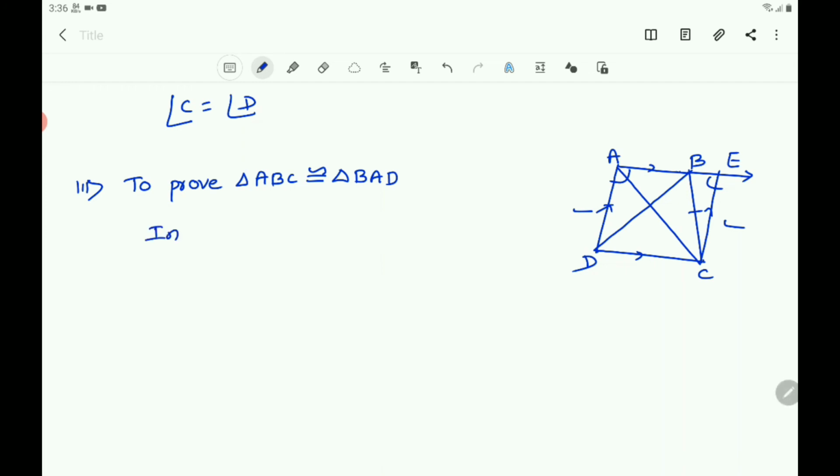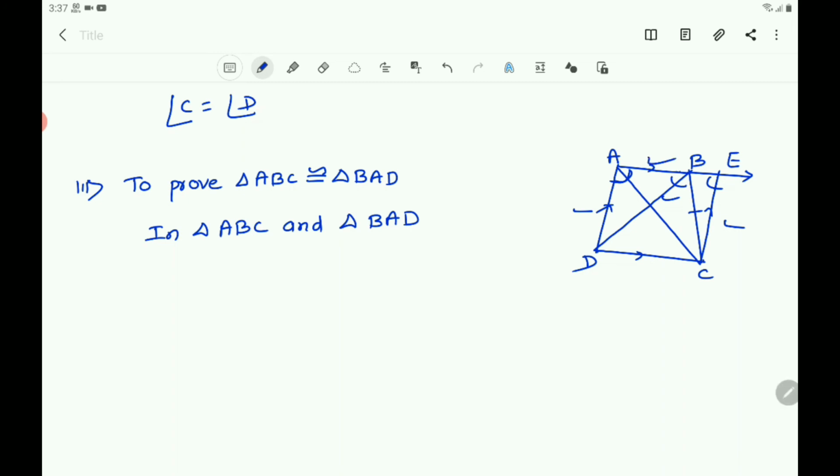In triangle ABC and triangle BAD, you know that angle A equals angle B, that is proved, and AD equals BC, given, and AB equals AB, common side.